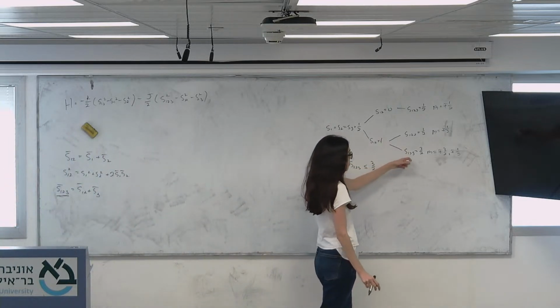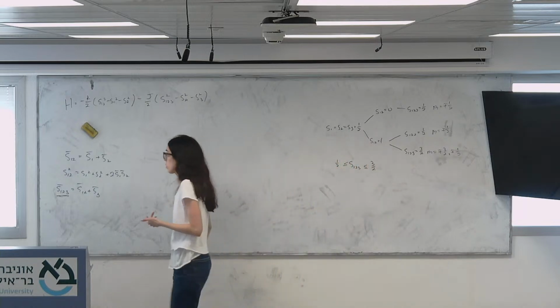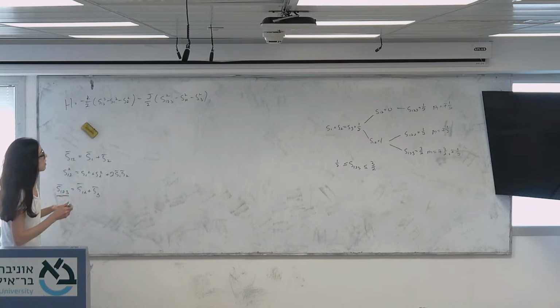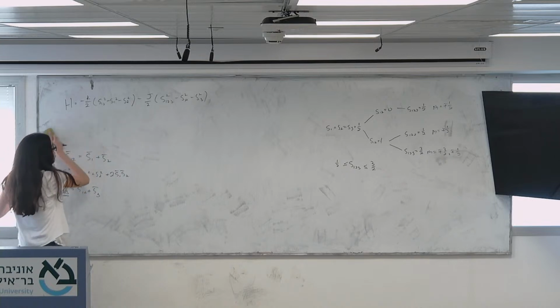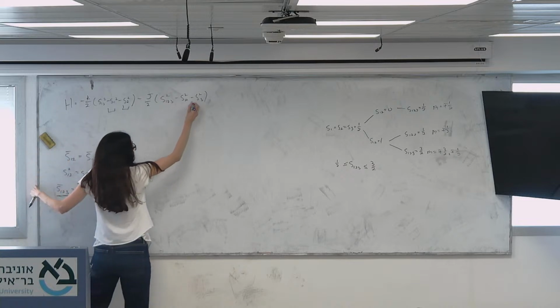We only care about the value of S12 and S123. So for S1 square and S2 square, the eigenvalues of those we already know.